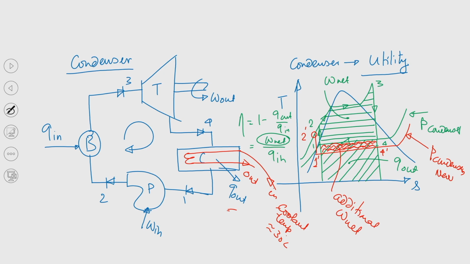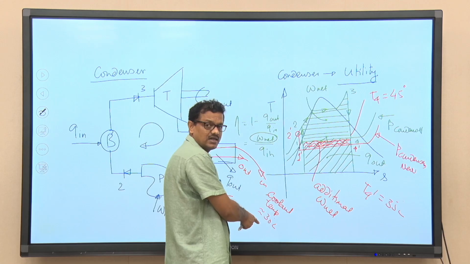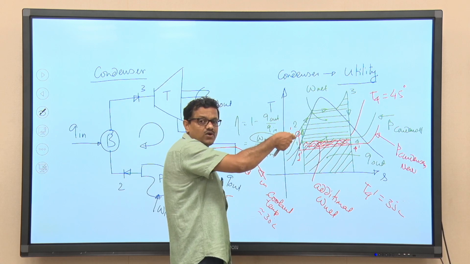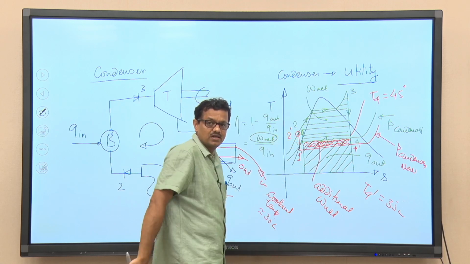See, if I consider T4, say T4 is 45 degree Celsius, and if T4 prime is 35 degree Celsius, you can see the degree of cooling. So, basically from 45 to 30. If I supply coolant which is having temperature 30 degree, the heat transfer will be due to 45 minus 30, so 15 degree temperature difference.